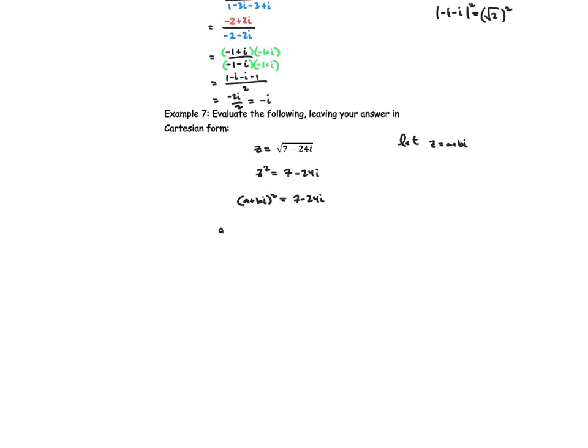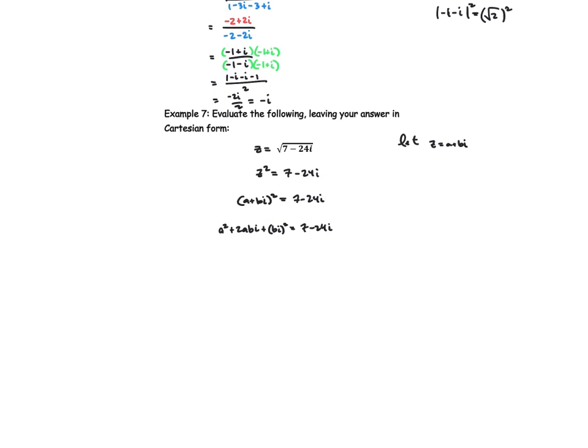Okay, so that would be a squared. All right, if I square this binomial, right, plus 2abi plus bi squared. That should equal 7 minus 24i.